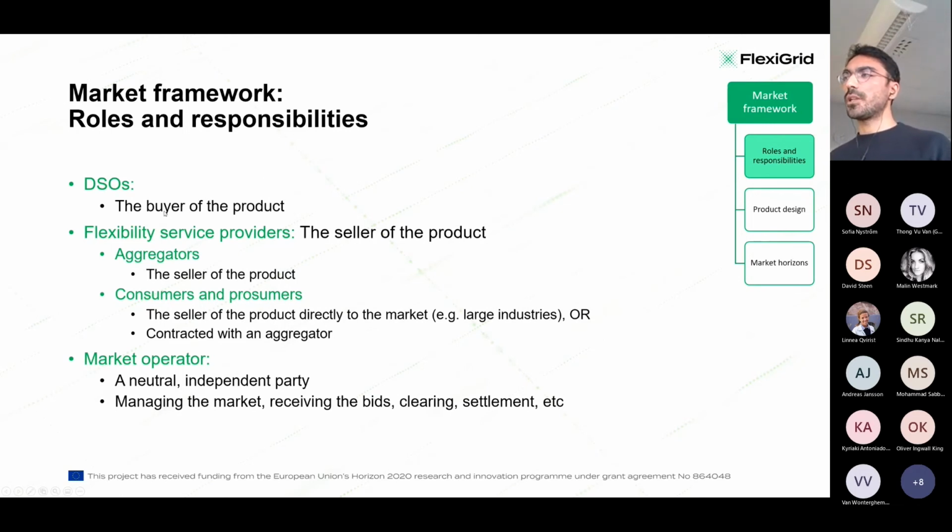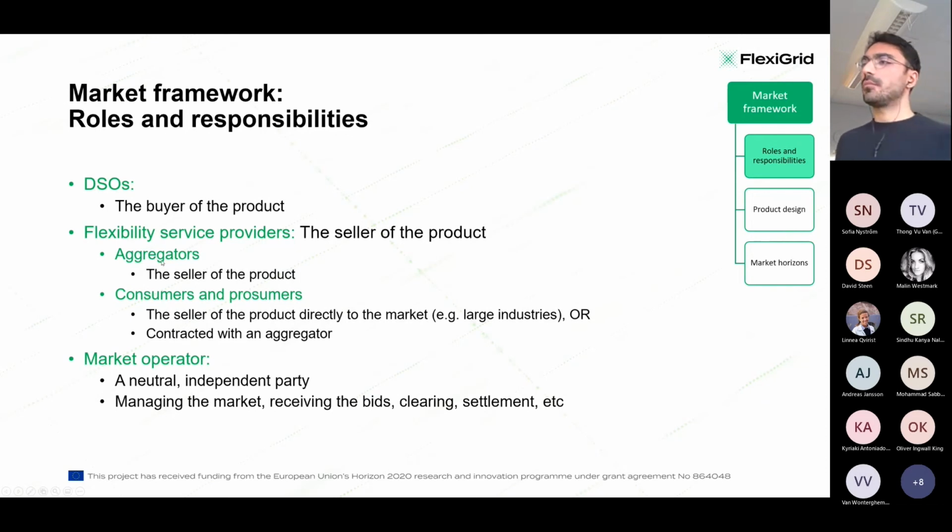DSOs are the buyers of the product in our market. It's mainly aimed at congestion issues. So they purchase the service for congestion issues, but of course it's linked with the voltage issues as well, indirectly. Flexibility service providers are the sellers of the product.